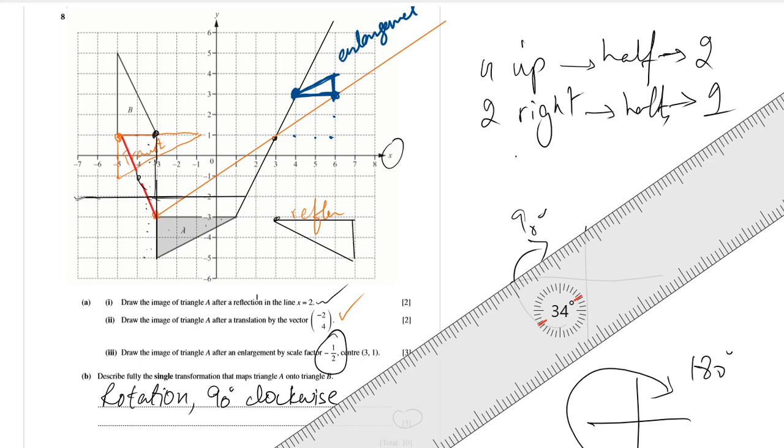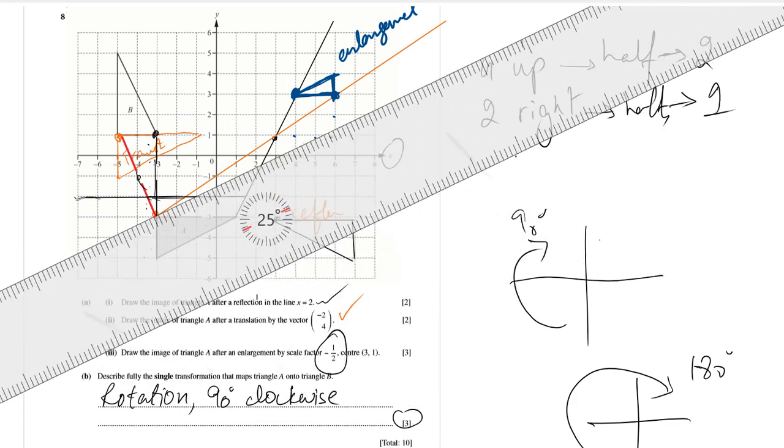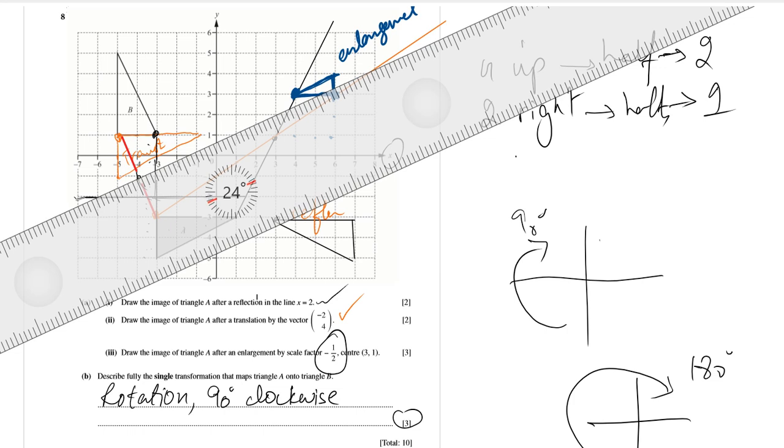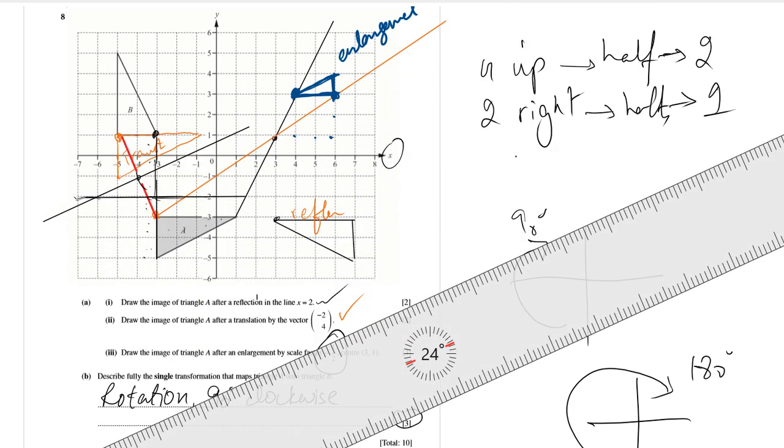So if I extend 90 degrees of this line, yes. So this is the area where these two bisectors are meeting.